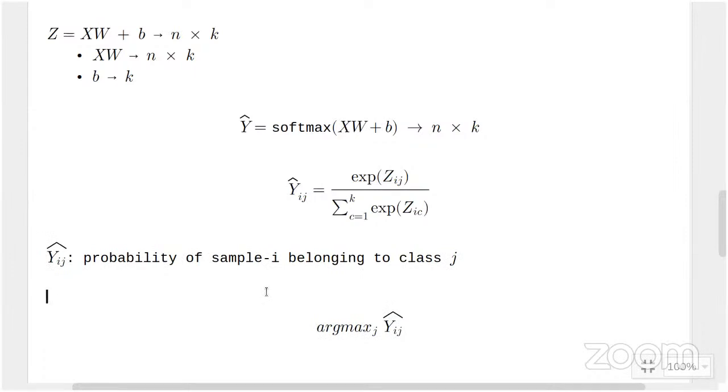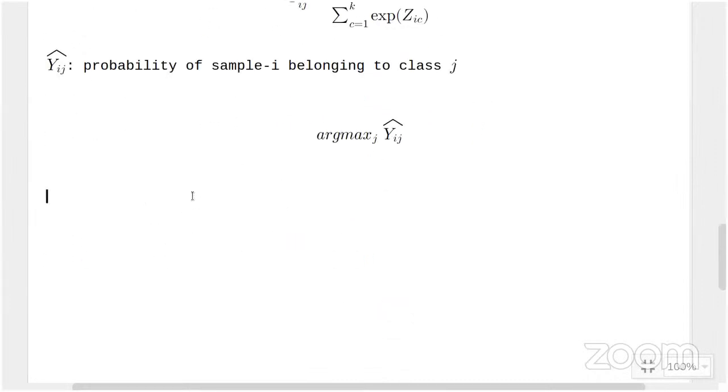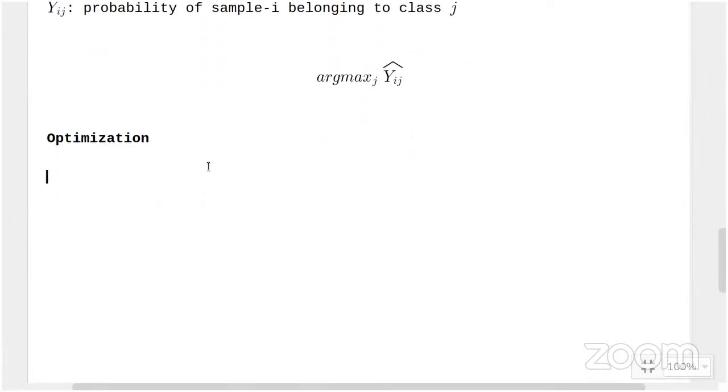Okay, so is everyone clear? Softmax regression, what's happening? Yes, sir. So this is the model. Very quickly, optimization we are not going to do because it's very fear-inducing, especially before the exam. So we just look at the gradient. The gradient is again very simple.